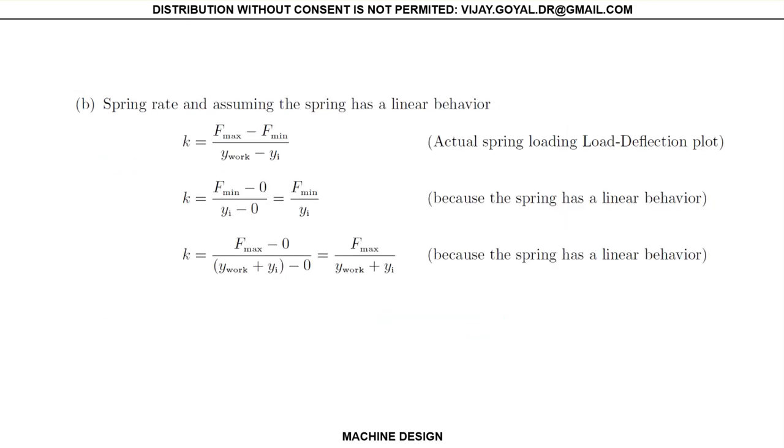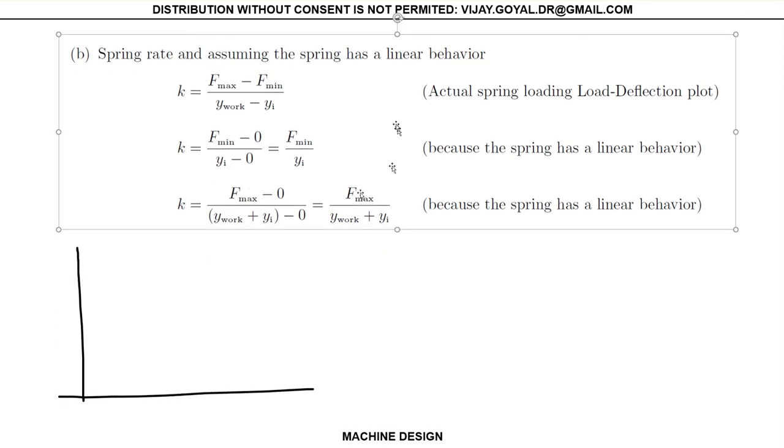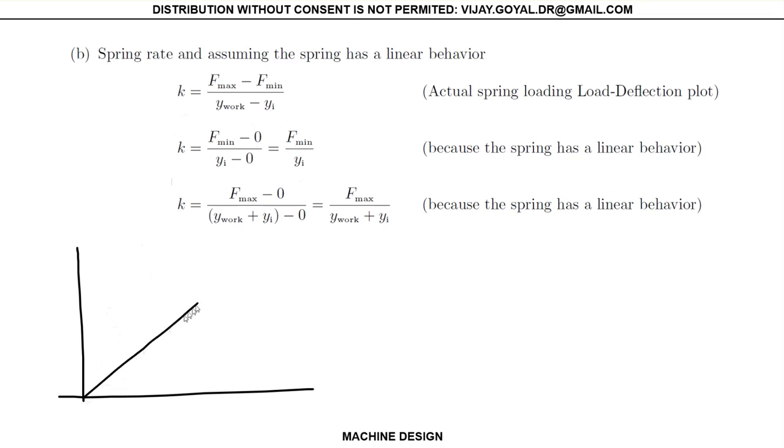So let's move on with our discussion here. The spring rate, assuming the spring has a linear behavior, as I just mentioned to you. So let's suppose I have a spring. As this again comes from your notes, you can pause and take notes on this. So basically what you really have in the problem is a linear spring.